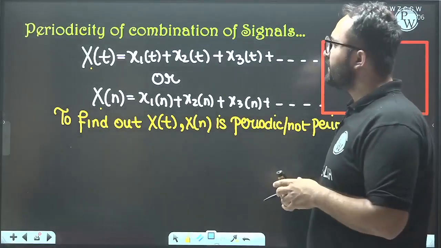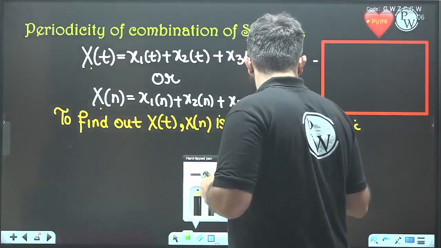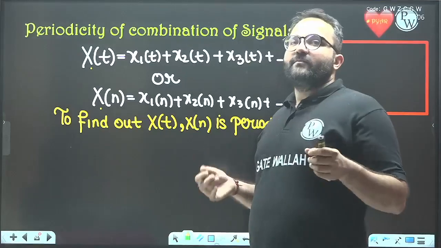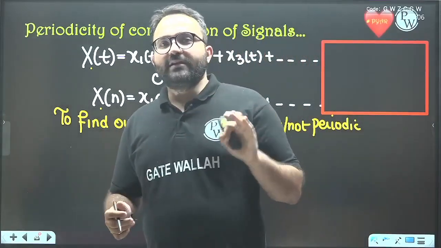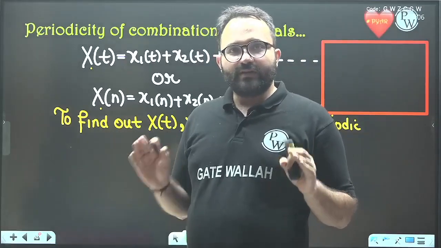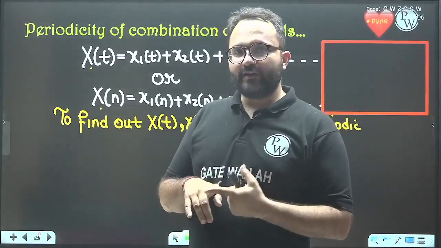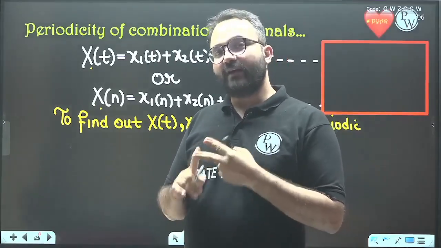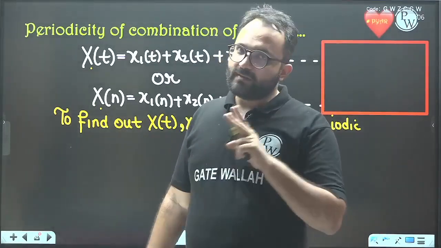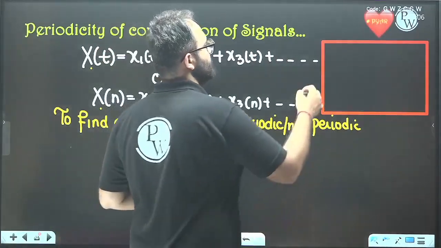Always remember that adding a DC value, or multiplying a periodic signal by any constant value, will also keep the same period. Period does not change. So adding, subtracting, multiplying and dividing a DC value to a periodic signal will not change the period of the signal. Okay?